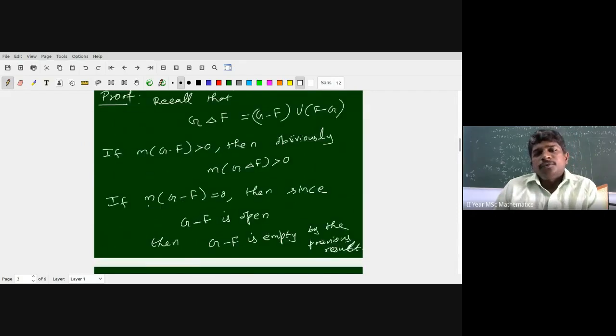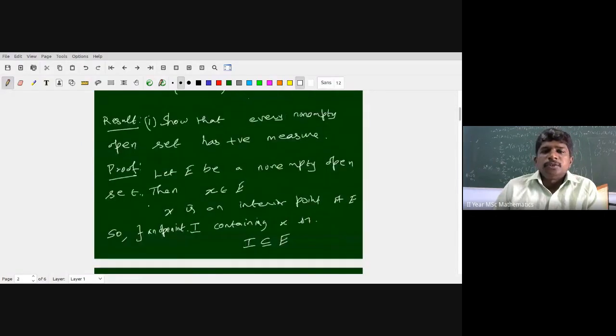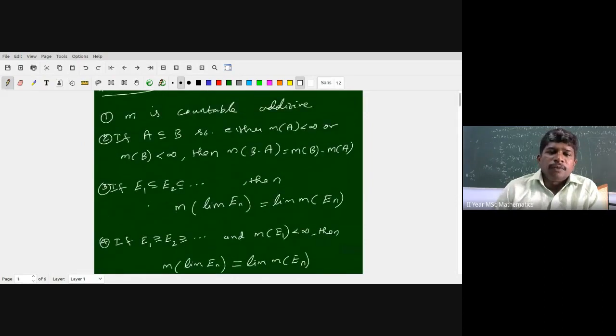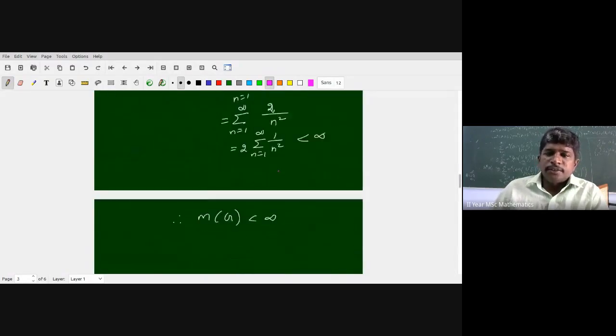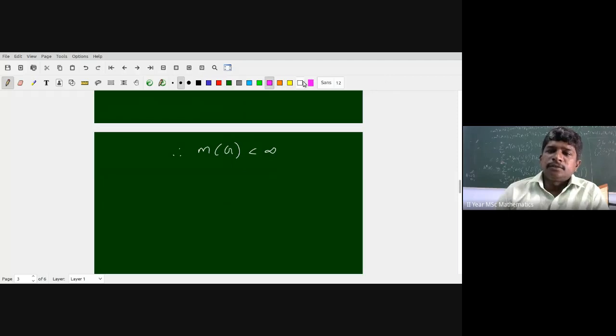The property of M is the following. What is the second property? If A is a subset of B, and either M of A is finite or M of B is finite, if any one of them is finite, then M of B minus A can be written as M of B minus M of A. So I am going to use that result here.